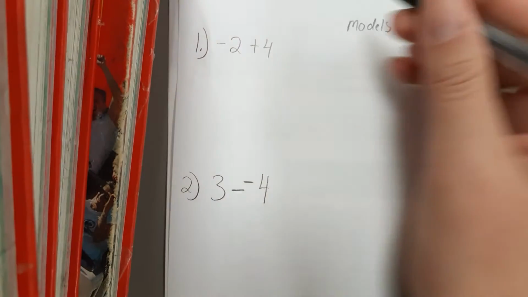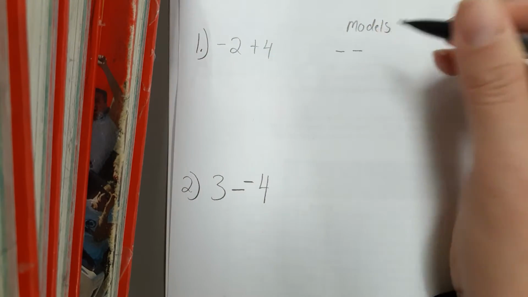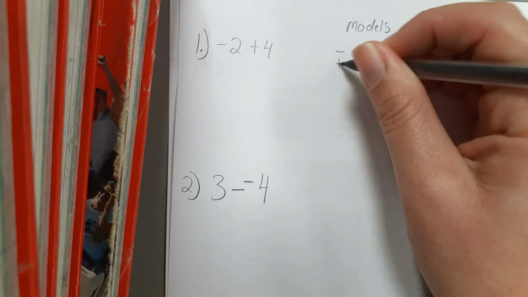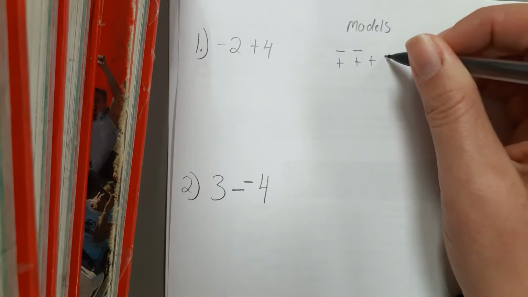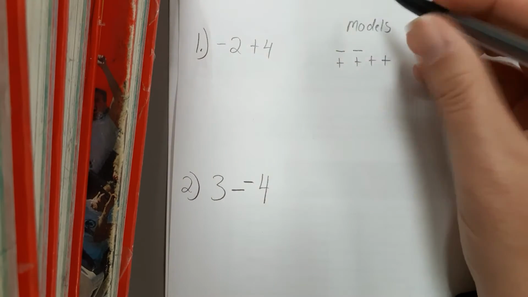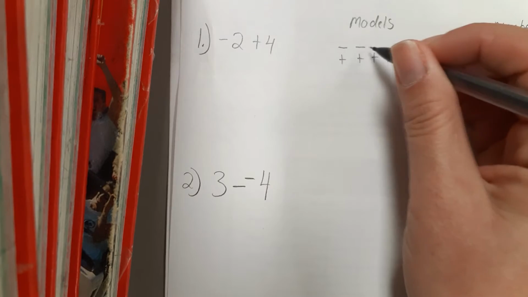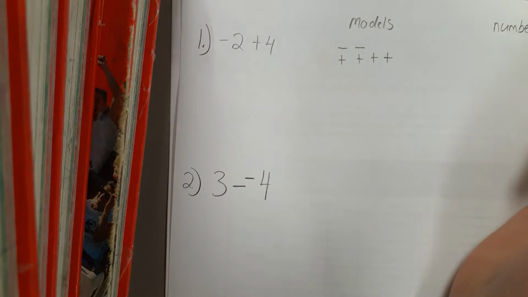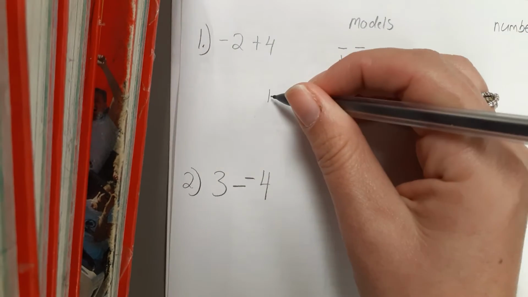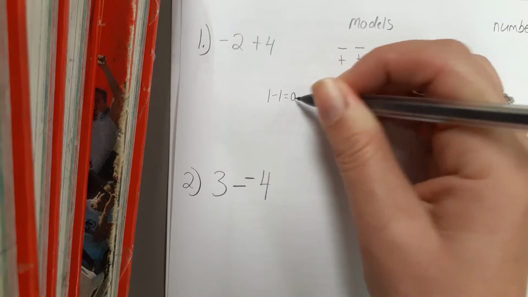We have -2, so you would draw two negative signs and a +4. So 1, 2, 3, 4. We're going to remember here that a positive and a negative make 0. For example, if these represent 1 because there's no number in front of them, 1 minus 1 is always 0.